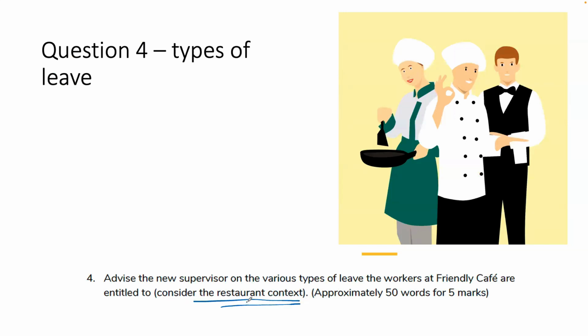Service workers, what type of leave are they entitled to? Sick leave, annual leave, family responsibility leave. Are they entitled to paternity leave? Are they entitled to maternity leave? What type of contracts do they have?